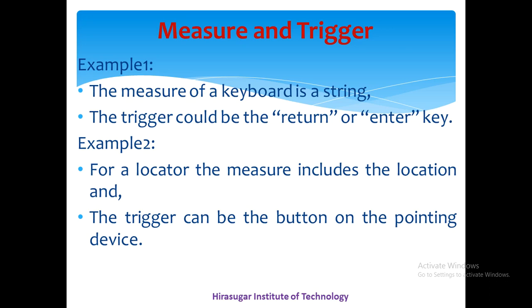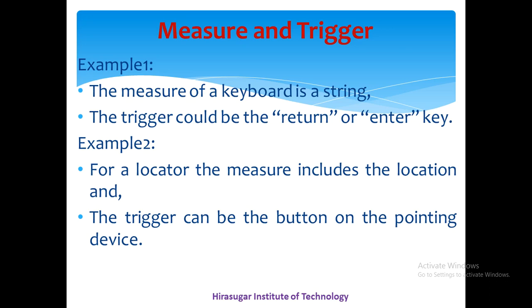Still it has not received your input. Only once you press the enter key does it receive your input. That is the trigger. What is the measure? Your name is the measure. Then the trigger is the enter key. Unless and until you press the enter key, that measure will not be taken, and your application program will not take that input. That is the measure and trigger.